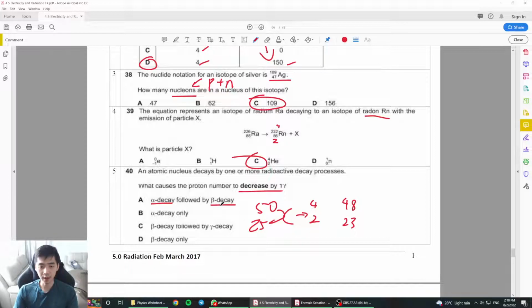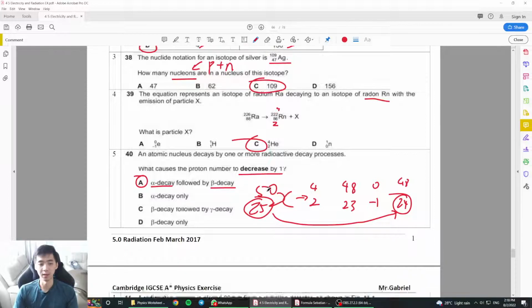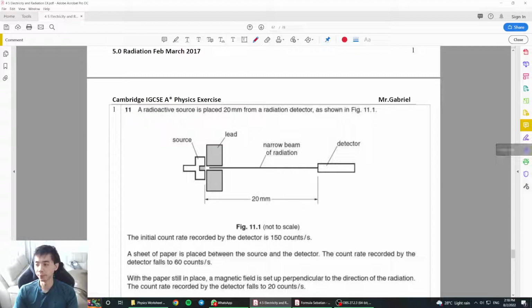Then after that, if it goes through a beta decay, it will be an electron 0, -1, which will cause it to go to 48 nucleon number and 24 proton number, which is exactly decreased by 1 here. Because the bottom here is the proton number. So A is the definite answer here.